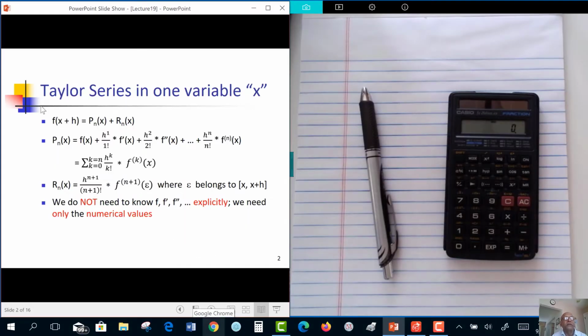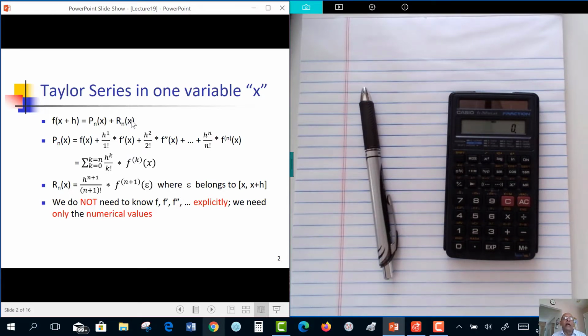Next topic. We just finished Taylor series in one variable. And I said basically Taylor series allows us to predict a function's value at some distance h away from x. What Taylor series does is it provides us an approximate value in terms of this polynomial Pn and an error.